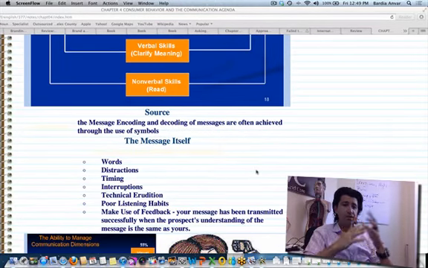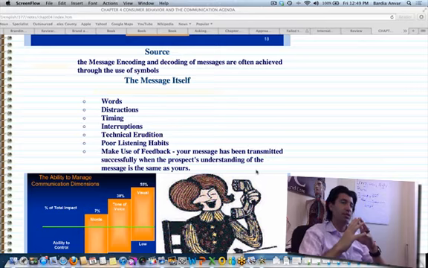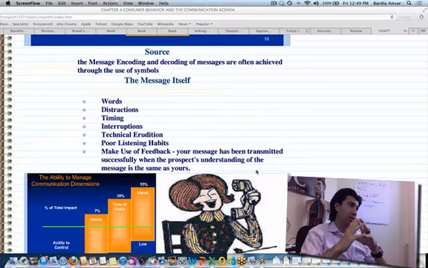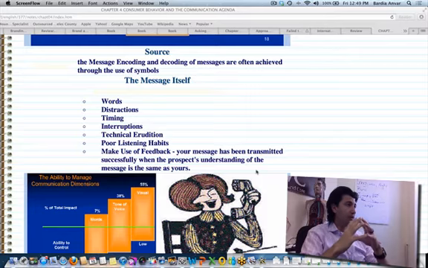So words, distractions, interruptions, technical stuff, poor listening habits. One of the worst things you could do is hear yourself talk for half an hour when you go to meet with somebody, whether you're going to manage the relationship or develop a new account.